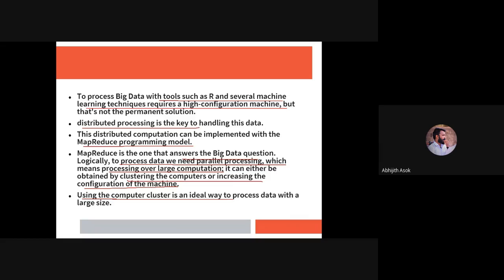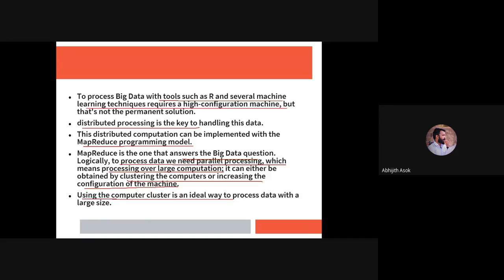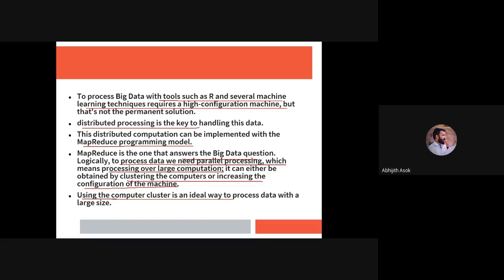To process data, we need parallel processing, which means processing over large computation. It can be obtained either by clustering computers or increasing the configuration of the machine. Using a computer cluster is an ideal way to process big data.